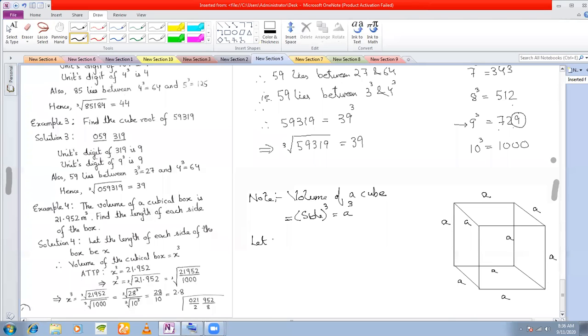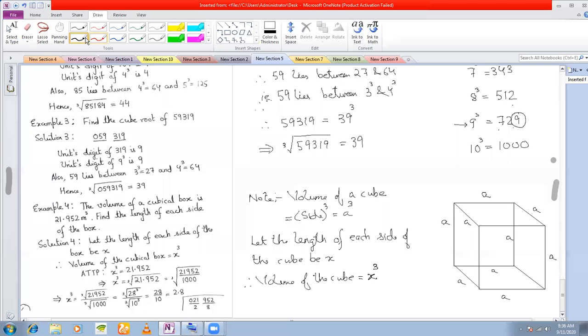Let the length of each side of the cube be x. Therefore, the volume of the cube is x cube. Let each side of the cube be x, therefore the volume of this cube is x cube.